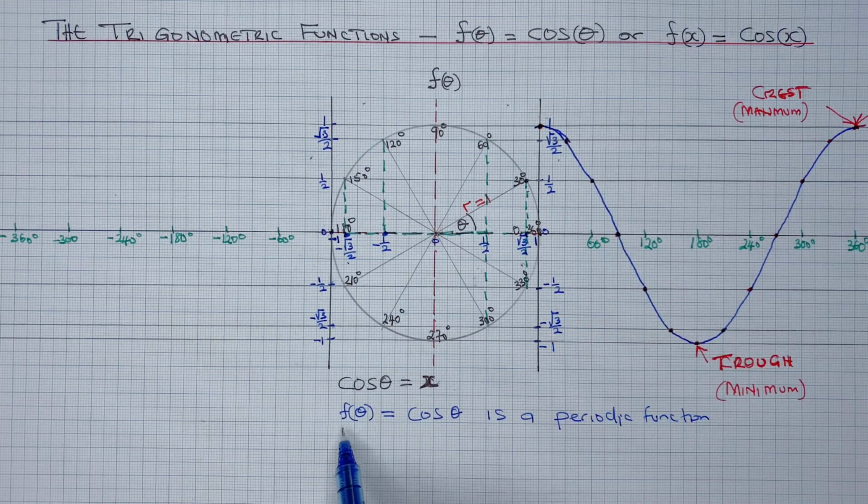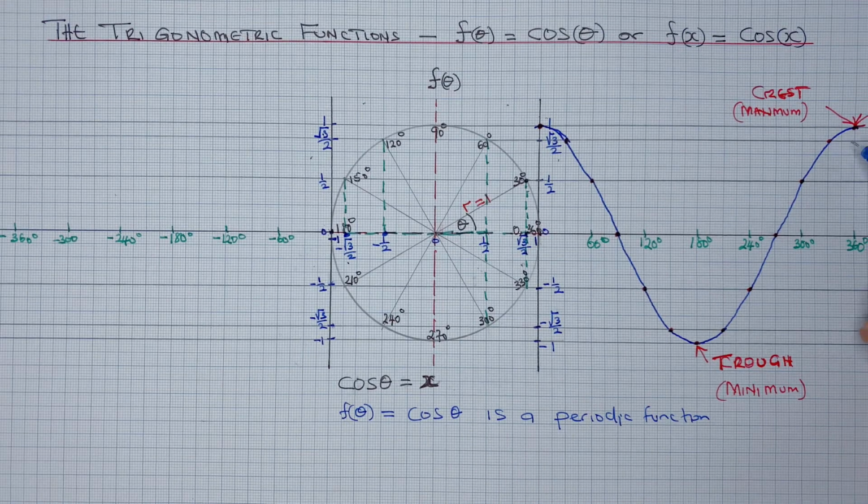The function f of theta equals cos theta is a periodic function because it repeats at every 360 degrees. So 0 to 360, another repeat from 360 to 720 degrees.